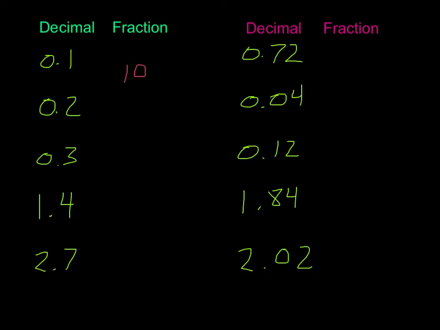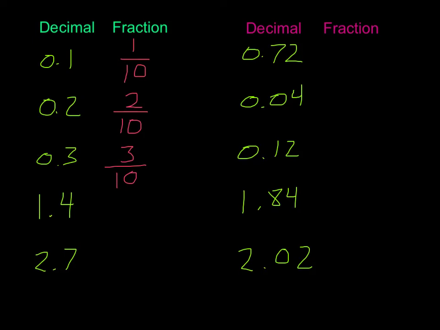So we're looking at it as tenths, and it is a 1, so 1/10. 0.2, once again the 2 is in the tenths column, so it's going to be 2 over 10. 0.3, 3 is in the tenths column, so it's going to be 3 over 10.